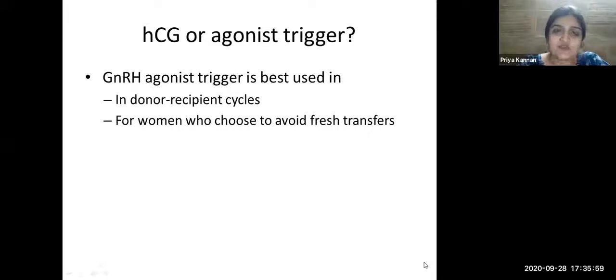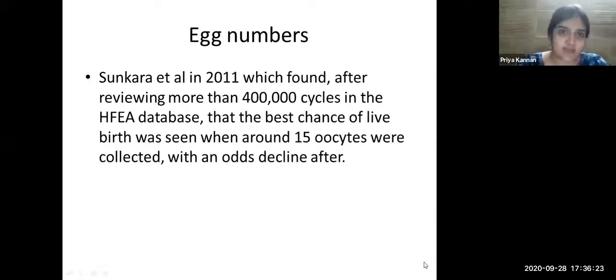It is best used only in donor recipient cycles, or when we have already decided that all the embryos we make in that cycle will be frozen, with no fresh transfer and only frozen embryo transfers. When that pre-decision is taken, we can go for a GnRH agonist trigger.